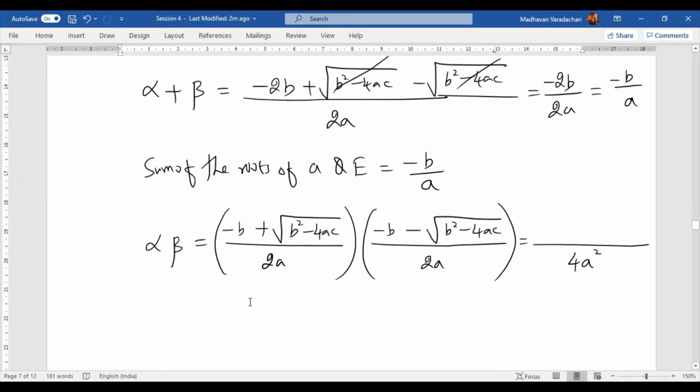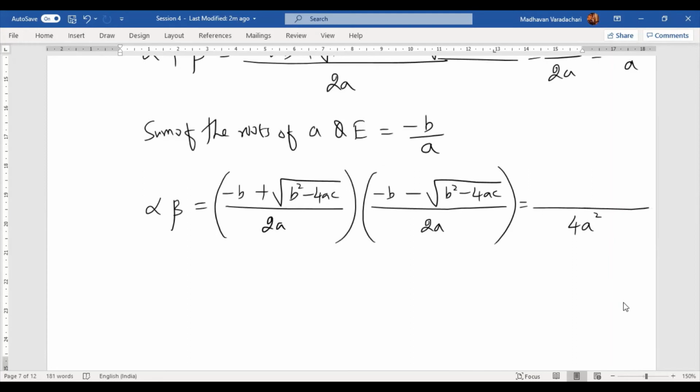Numerator, if you look, is like a plus b into a minus b. The only change is the middle one: here it is positive, here it is negative, whereas before the sign, whatever is there is the same here, and after the sign, whatever is there is the same here. It is similar to a plus b multiplied by a minus b.